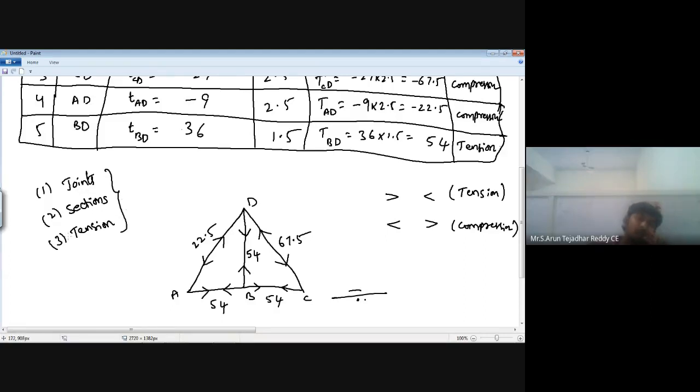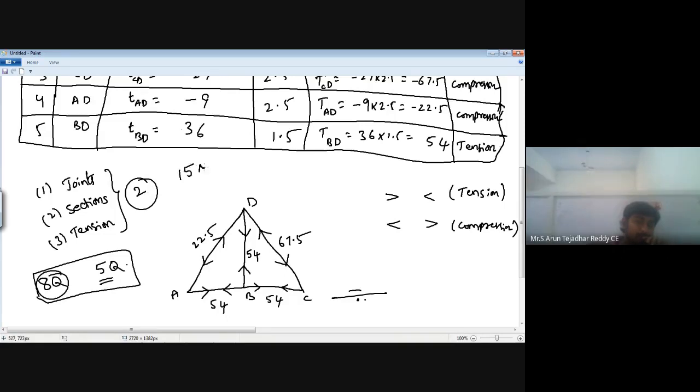Suppose your paper pattern is 8 questions, and you need to attempt at least 5 questions. Then definitely from the first unit, joint, section and tension methods, 2 problems will come.